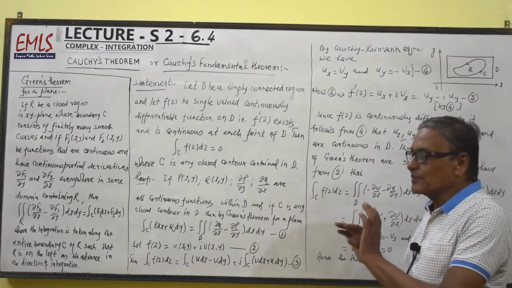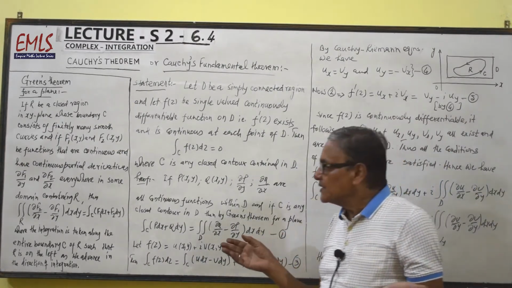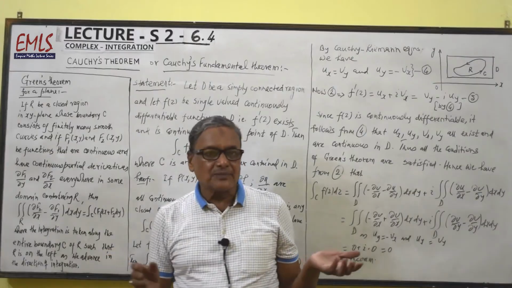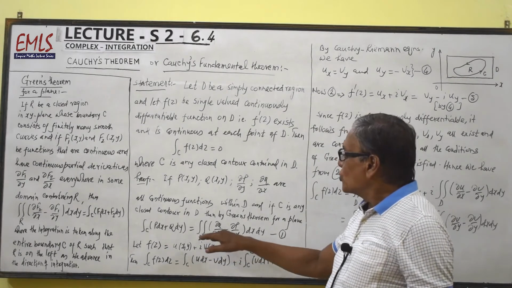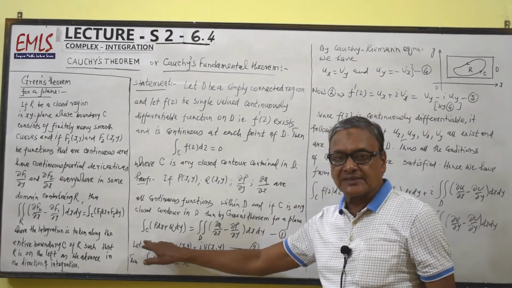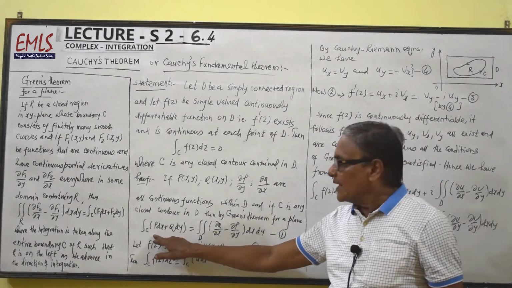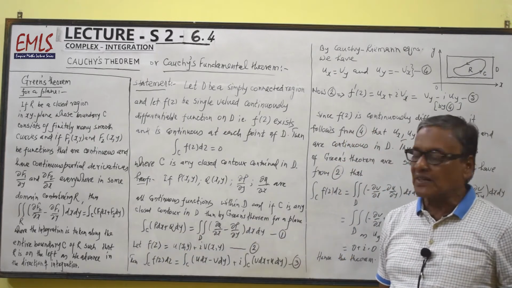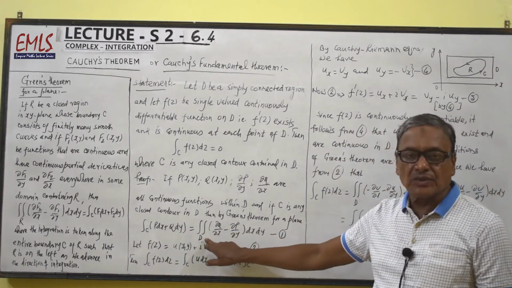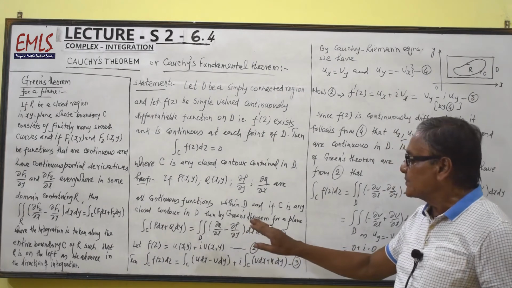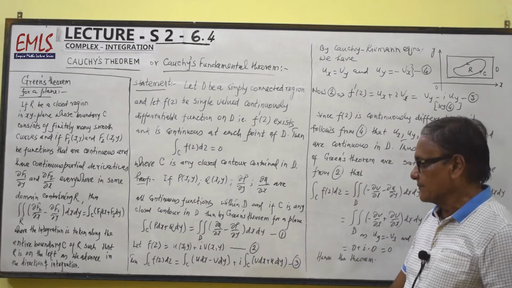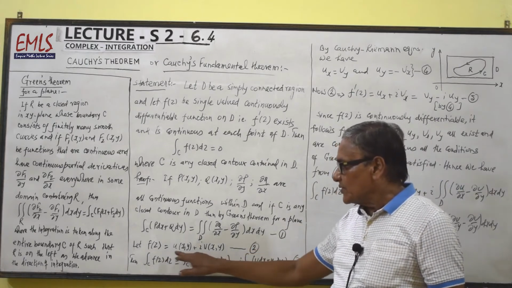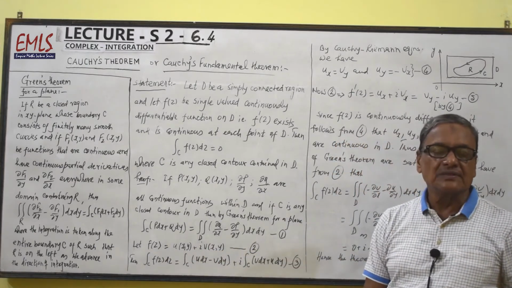This directly follows from Green's theorem for a plane, which we have already verified by example. So by Green's theorem we can write it in this form. Number 1. Let f(z) equal u(x,y) plus i times v(x,y).